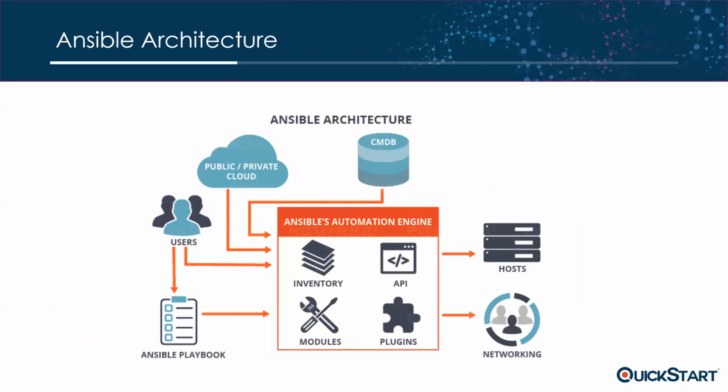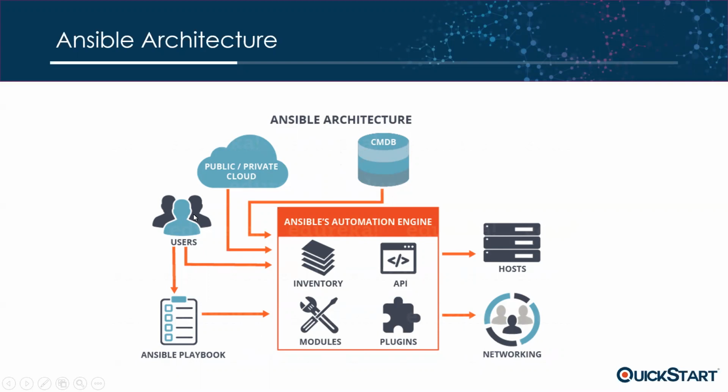So the Ansible architecture, as you could see here, basically includes or could include public and private clouds, certainly the configuration management database, different hosts, different networking infrastructures.